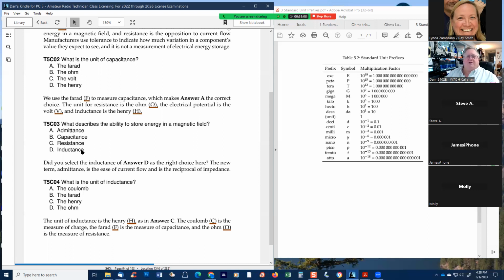Many stoves now work this way: you put a metal pot on and nothing gets hot except the pot. That's an inductive reaction. A magnetic field causes the metal to get hot. It's not quite like a microwave, but close enough. The unit of inductance is the Henry. Farad is capacitance, Henry is inductance.